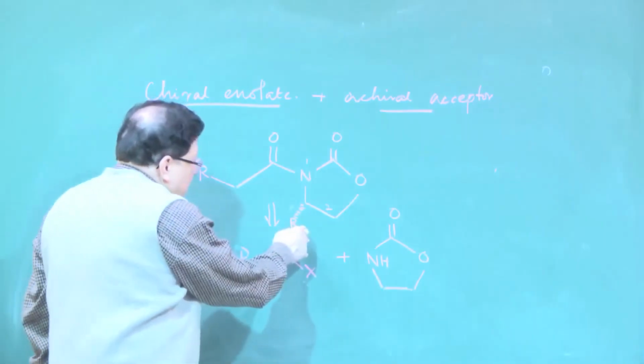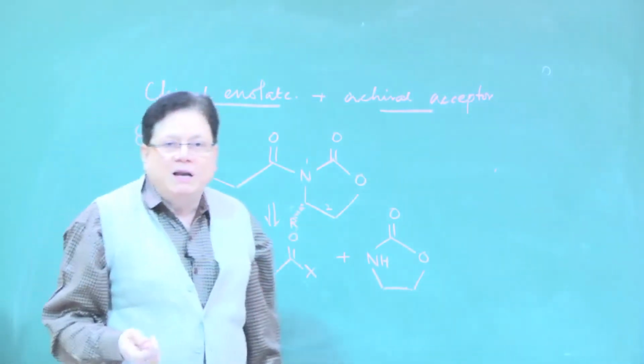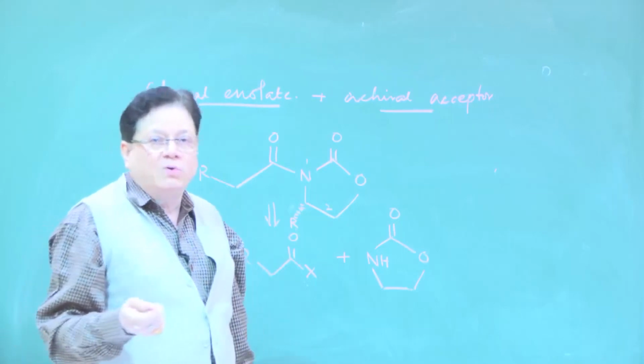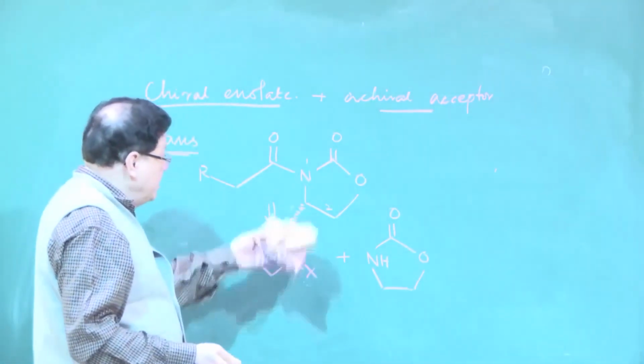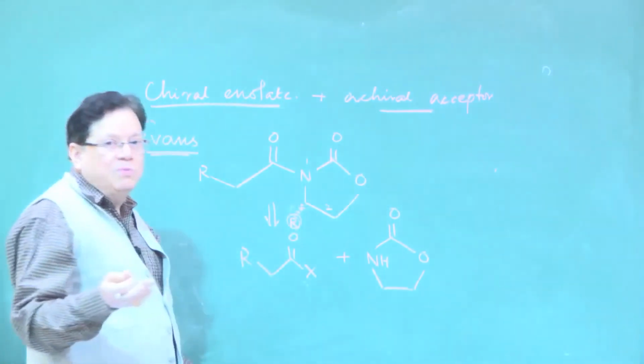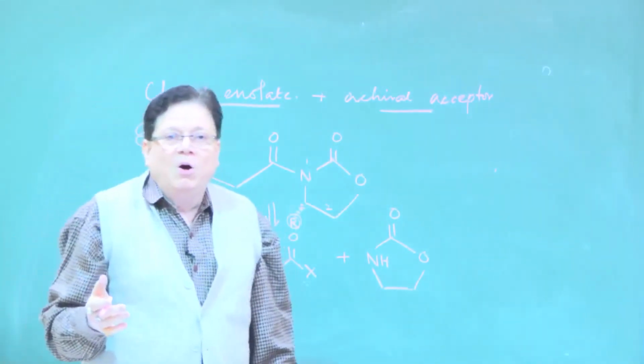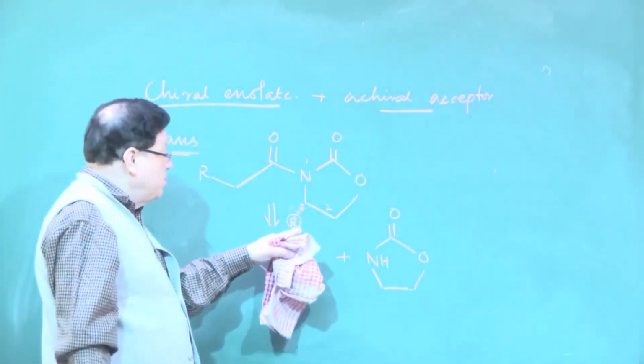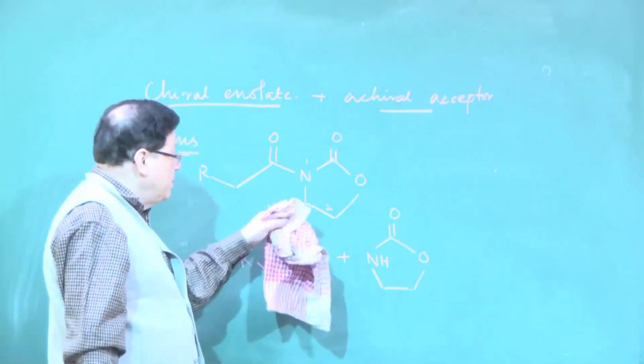So, R could be isopropyl, that means it is valine. R could be methyl, it could be alanine. R could be benzyl, that means you are starting with phenylalanine. So, if you want more steric bulk, you use benzyl like phenylalanine, or you can use isobutyl, isopropyl, that will be valine.